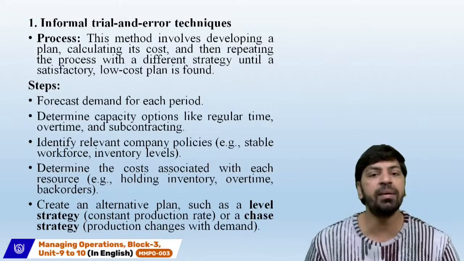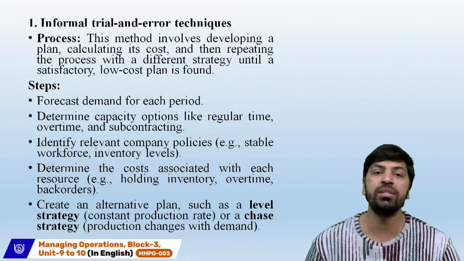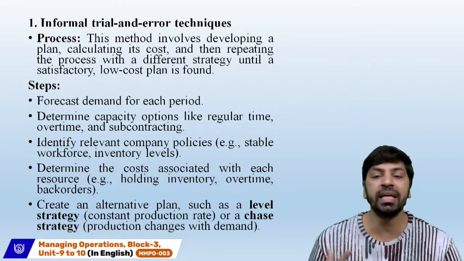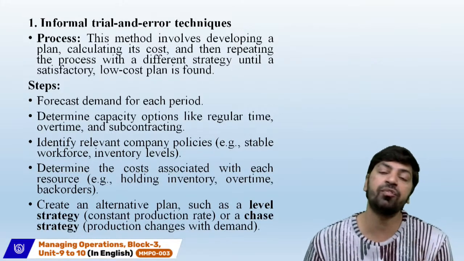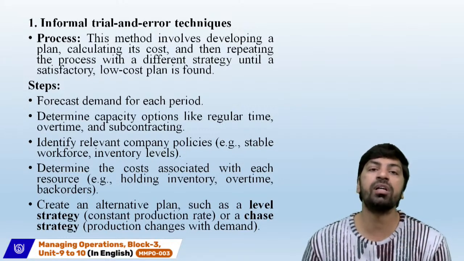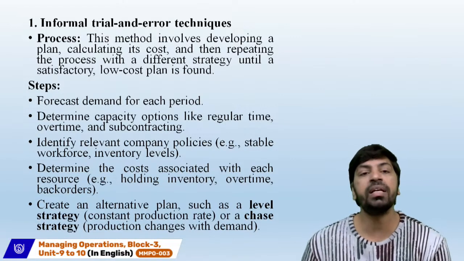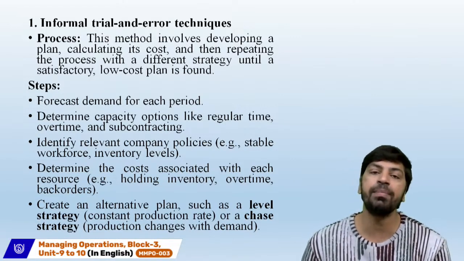The main steps to follow in this particular technique: the first one is to forecast the demand for each period. If we're talking about a 3 month period, then an organization will need to forecast the demand for January, February and March. The next step is to determine the capacity options.